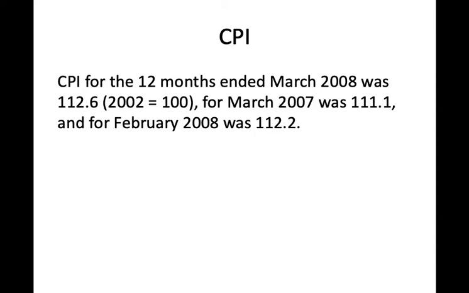The first I'll take a look at is 2002 equaling 100. What does this even mean? So this number, CPI 100 in 2002, 112.6 in 2008, these are just indexed values, meaning that we're taking whatever number the spending was, 32,000, 45,000, whatever the spending is, and we're reducing it and indexing it down to a base of 100. So it's like a percentage. In 2002, we're using that as our base year, and we're making that 100.